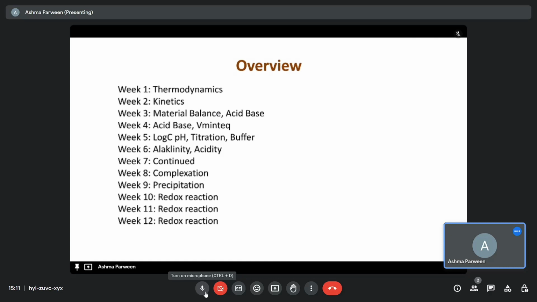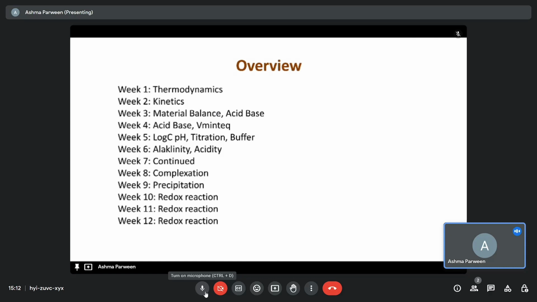There was application of precipitation and dissolution, equilibrium for this, and some examples were also discussed. Then week 10 was about solubility and competitive precipitation, whether the solid will precipitate out or not. Then it was about, if more than one solid is precipitating, what are the solids which will precipitate out at different pH. Also, week 10 was about predominance area diagrams, and an introduction to redox reaction was given in week 10.